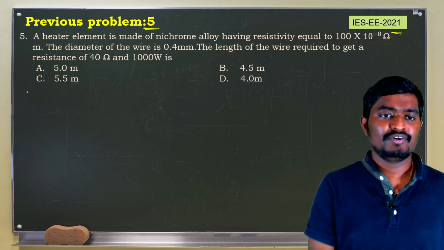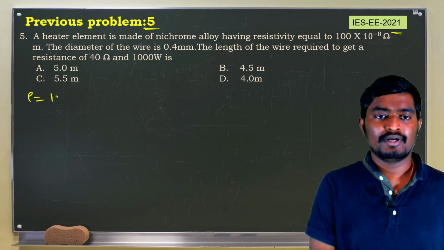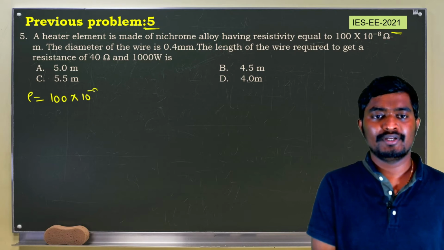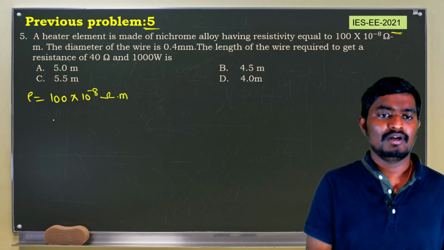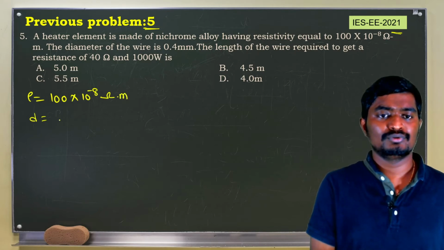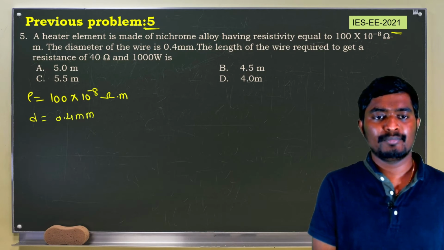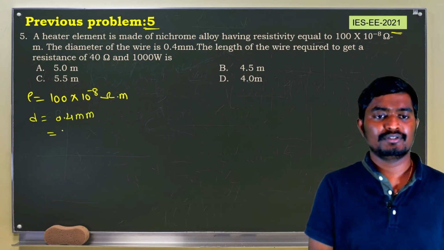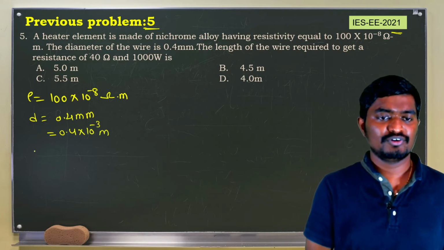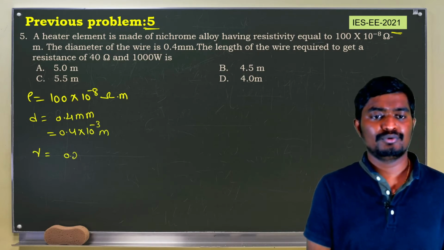First we will write the given data: rho equal to 100 into 10 power minus 8 ohm meter, and the diameter of the wire D equal to 0.4 mm. It can be converted into meters, 0.4 into 10 power minus 3 meter, and in radius form R equal to 0.2 into 10 power minus 3 meter.